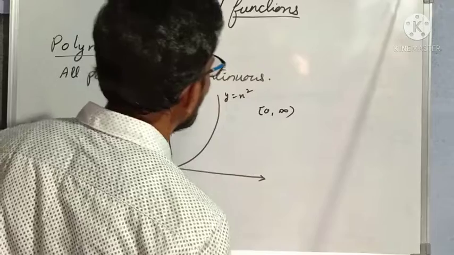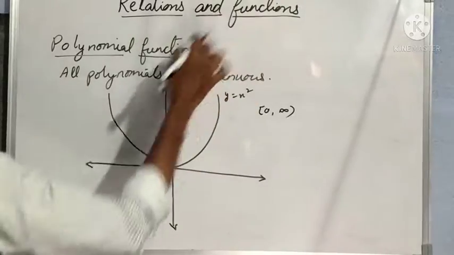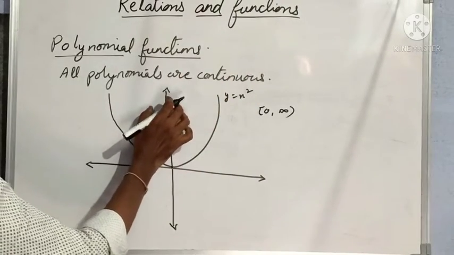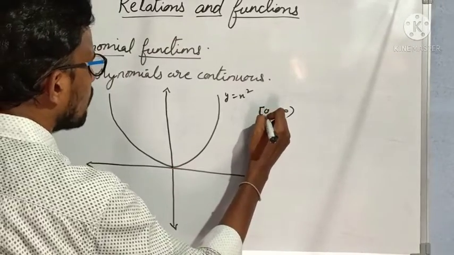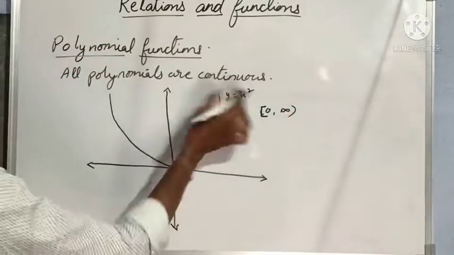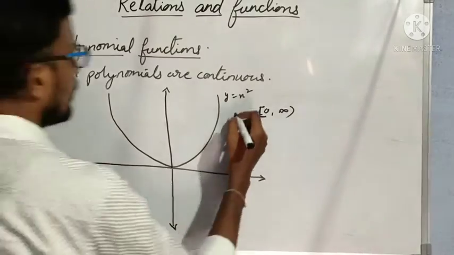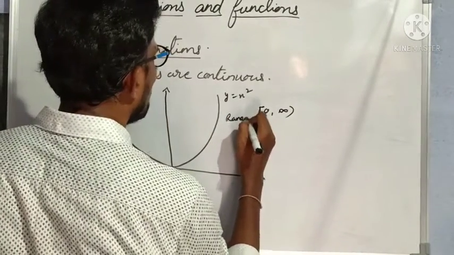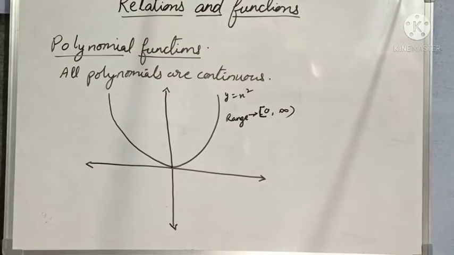Minus infinity would mean negative to positive, but here we get only positive values for y, no negative values, and 0 is also included. So 0 to infinity is the range of this polynomial. Understood?